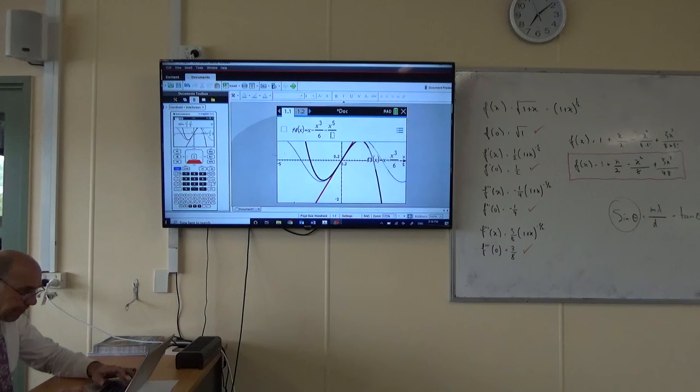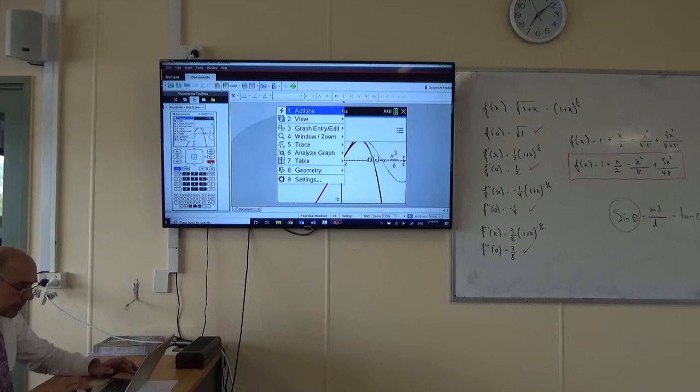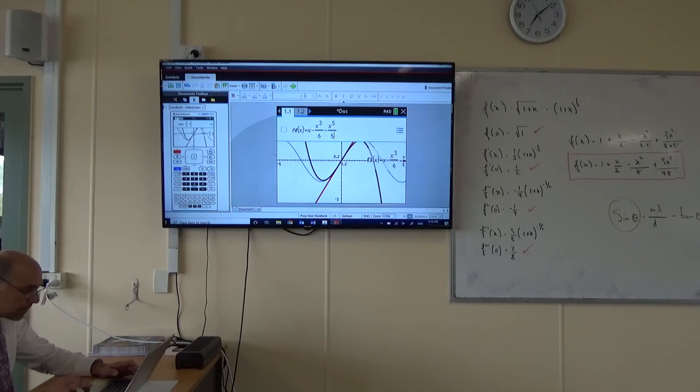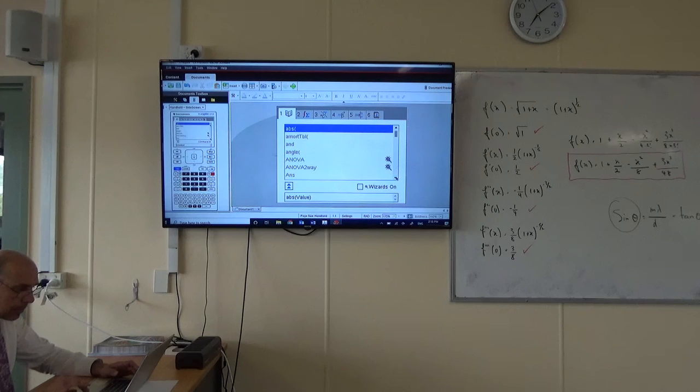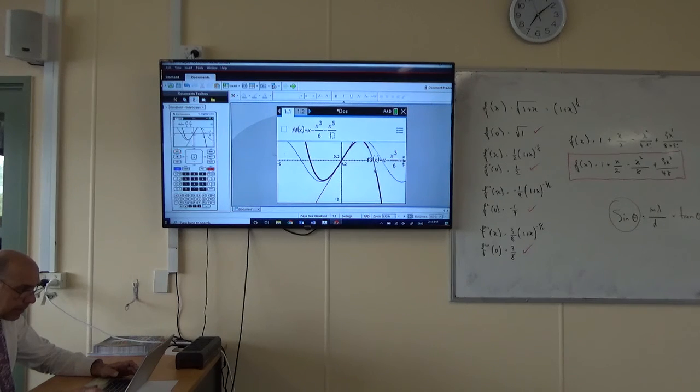I better do this. Where is factorial again? It's 120. Plus, what's the next one? What's 7 factorial? Plus and minus.